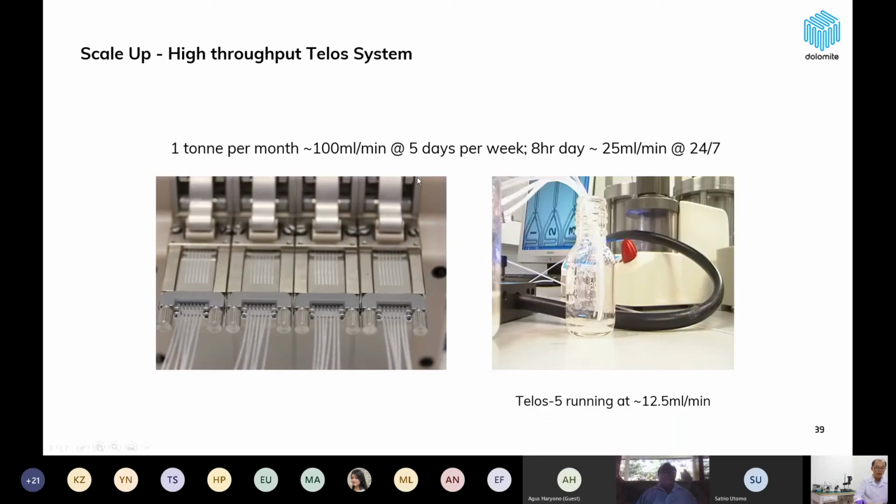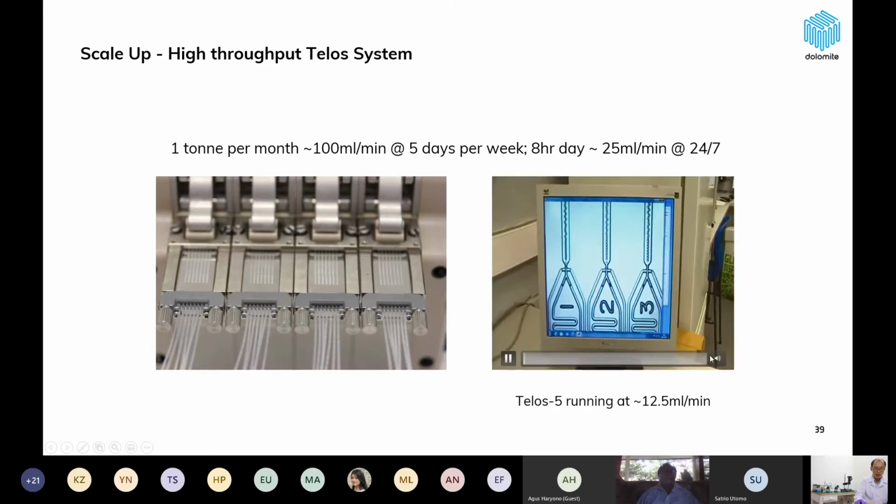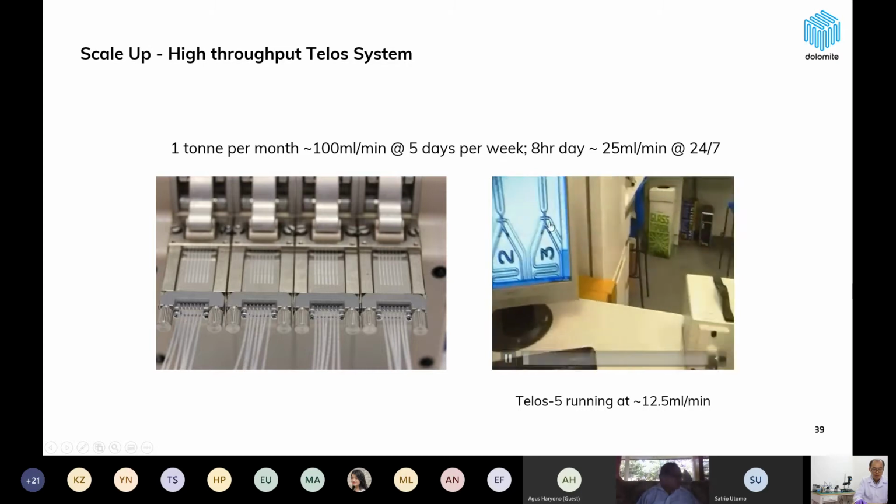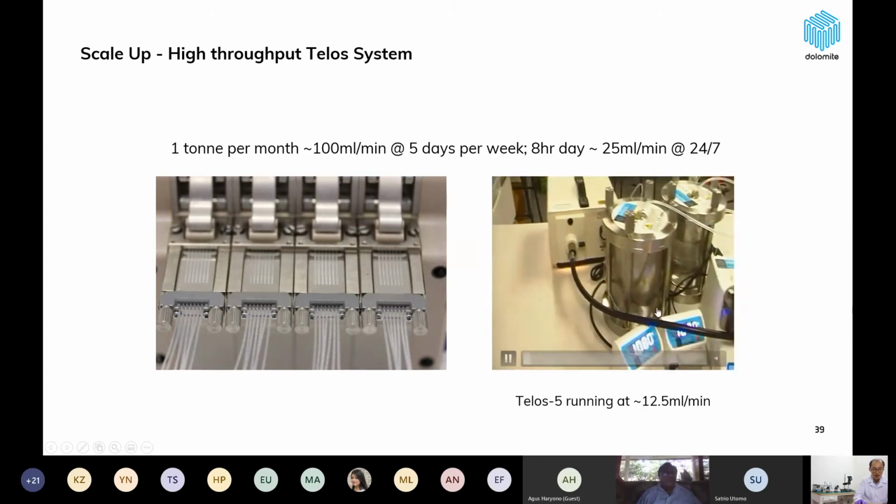Here is showing an example of a 5 chip Telos system making PLGA droplets, which we're using in the industry. Please see this video showing the different chip junctions working together here.